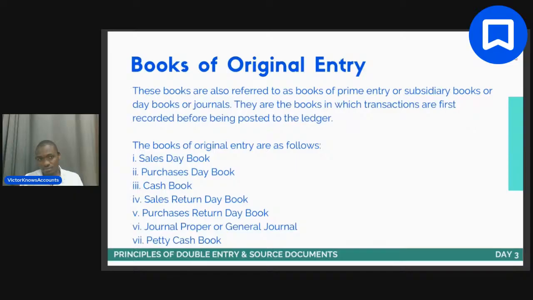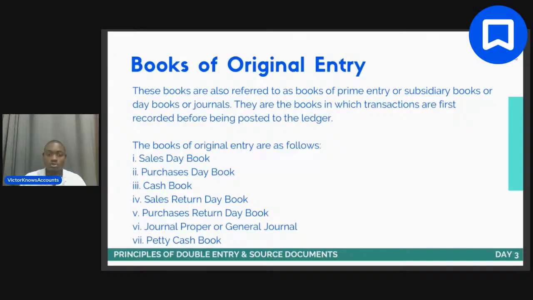You might know cash book as either a subsidiary book or a ledger, or you have always been confused about where to classify it. You must know that cash book serves two functions. It is both a subsidiary book, that is a book of original entry, and what? And a ledger. So cash book is a book of original entry. It is also a ledger. I hope that is understood.